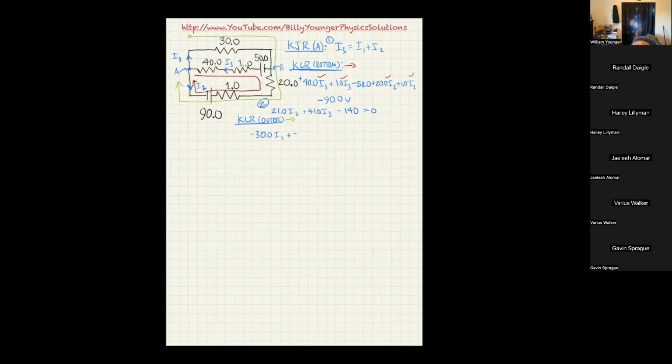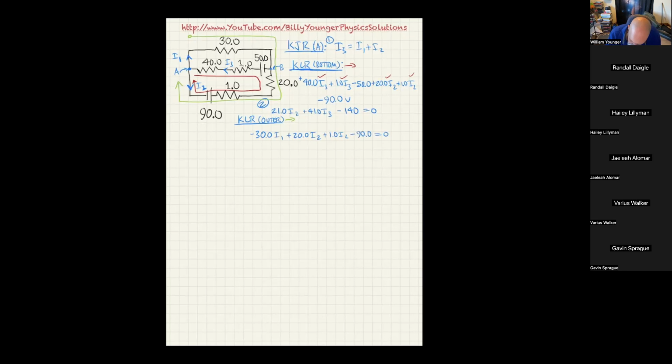So it's going to be plus 20.0 I2, because that's a voltage increase because I'm going against the current, plus 1.0 times I2. Again, that's a voltage increase because I'm going against the current. And then I go from the long side of the battery to the short side, which means that's a voltage decrease. So I'll say minus 90.0. And now I'm back where I started from. So I say equals 0.